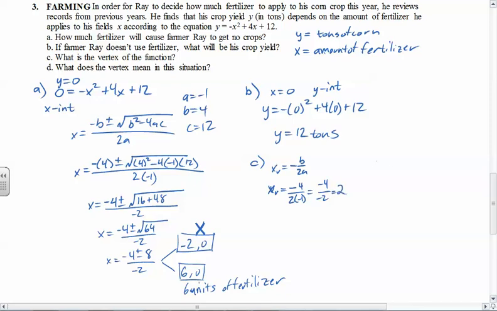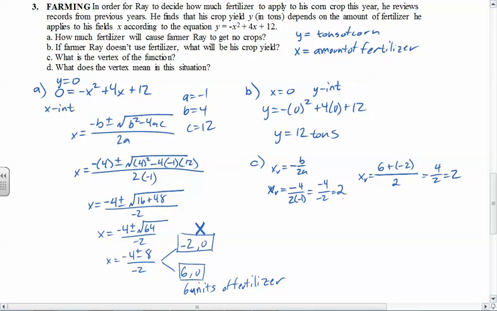You could have just as easily done the center of the two x-intercepts. Even though the negative 2 doesn't mean anything, it's still a valid x-intercept as far as the function goes. It doesn't make sense in real life. So we would go add the two x-intercepts together, divide by 2. 6 plus negative 2 is, of course, 4, and 4 divided by 2 is 2. So I get the x value of the vertex either way, being 2.